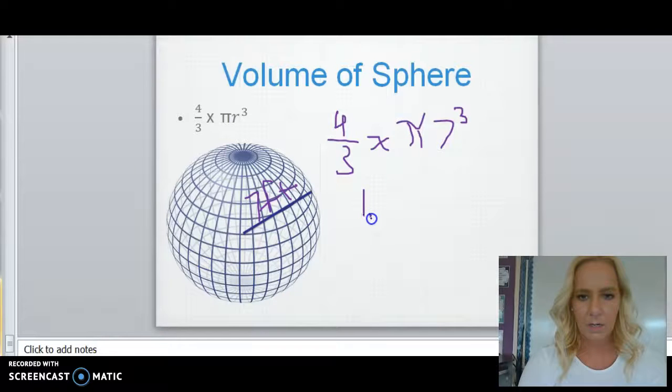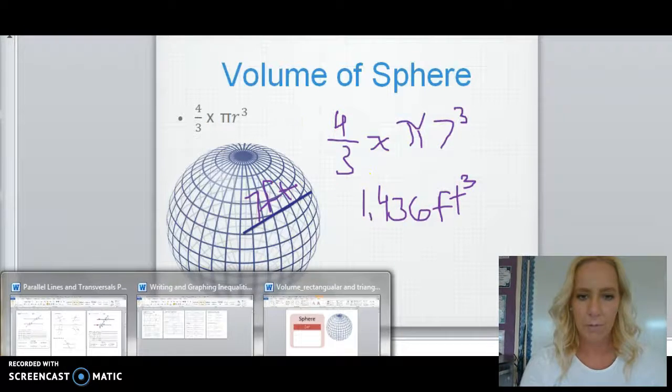So 1,436 feet cubed. Okay, what I want you to do is get out your graphic organizer.